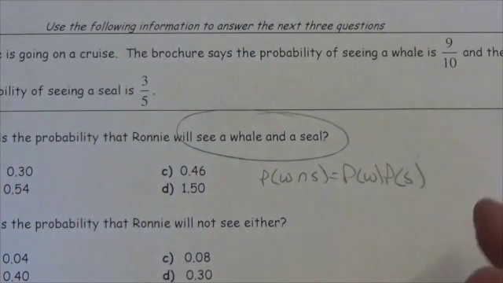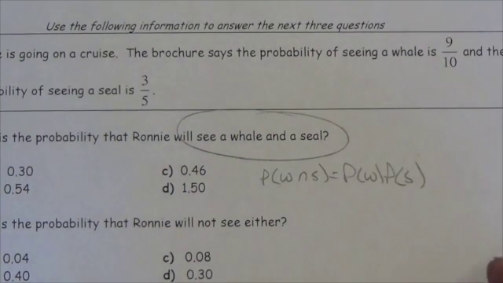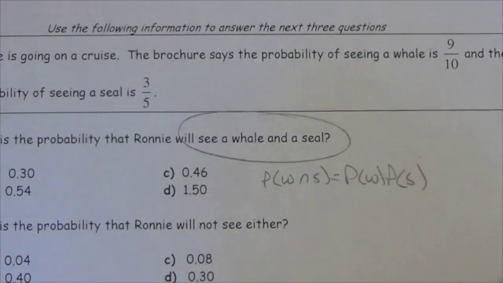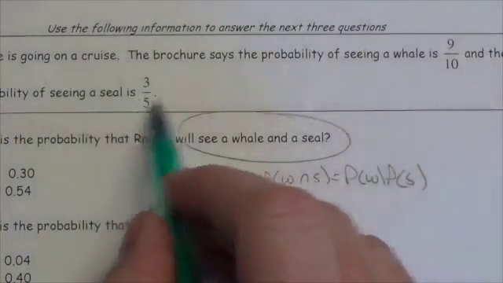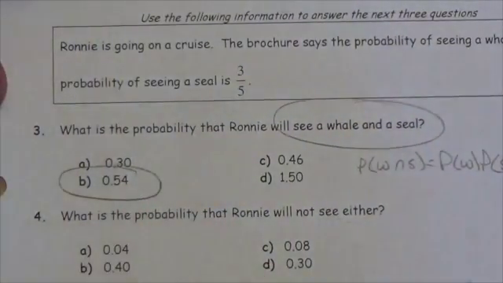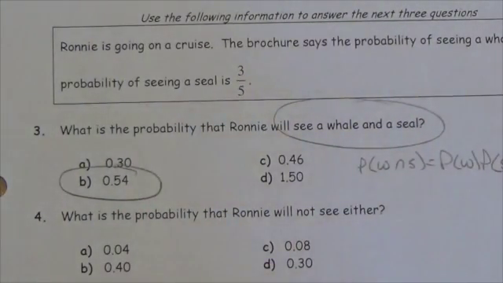So what we've got here is 3/5 times 9/10, and if you multiply those together, you get 0.54. So that would be the probability that you see a whale and a seal. But again, you have to assume in this case that those are independent events.